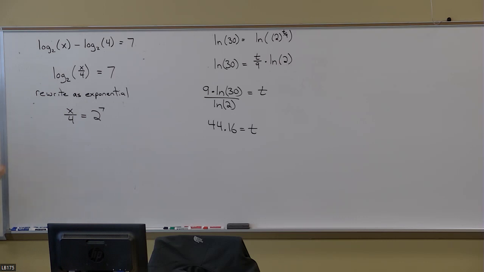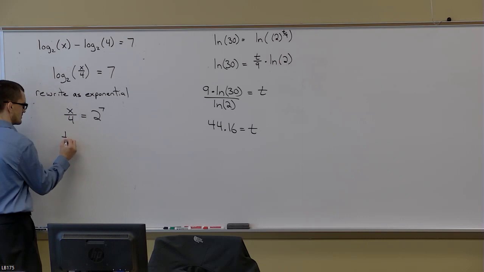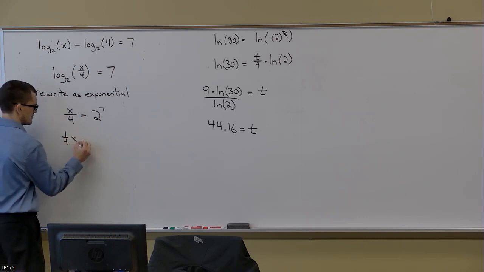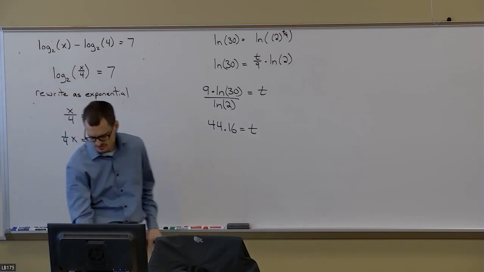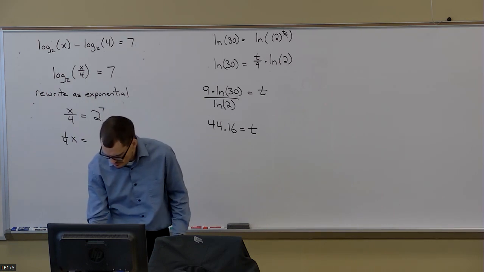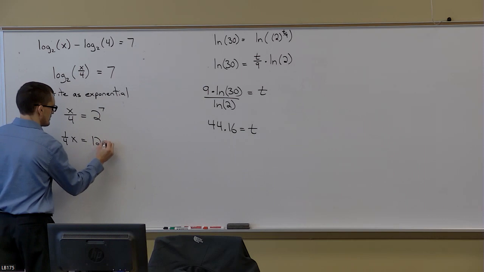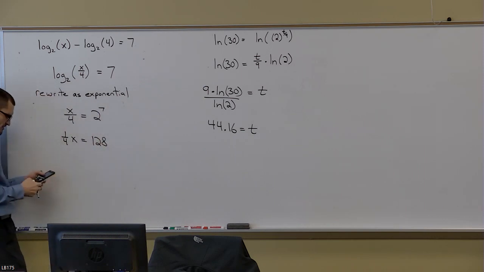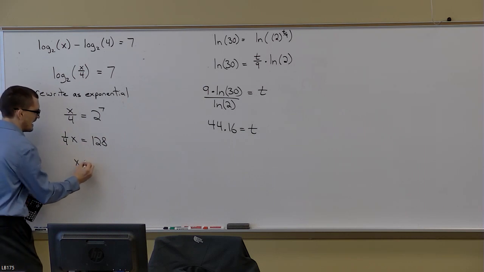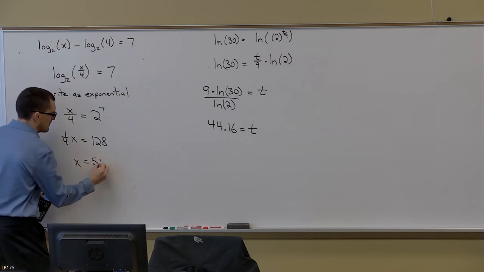And then this is something that I can easily solve for x. Two to the 7th is a pretty big number. 128. And then I multiply by 4 on both sides. And I get an x value of 512.